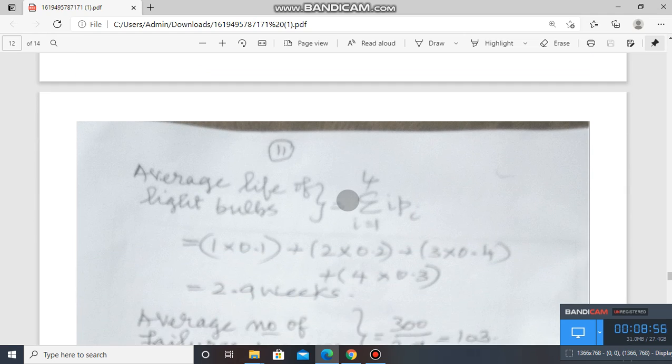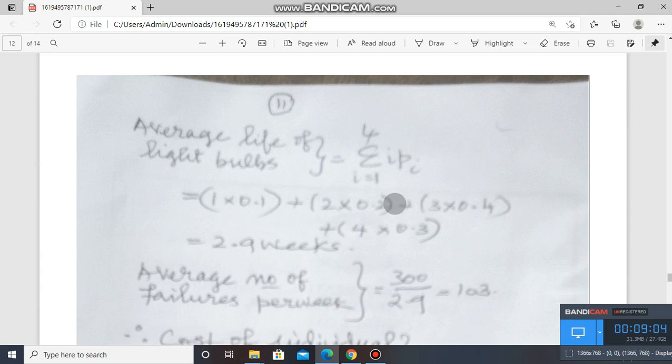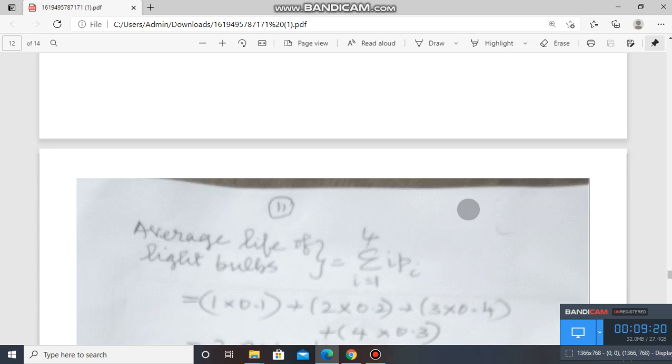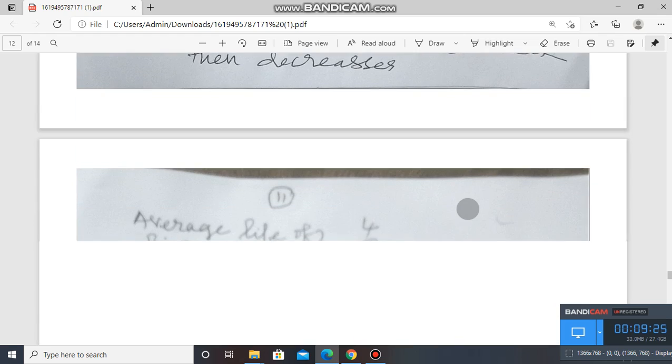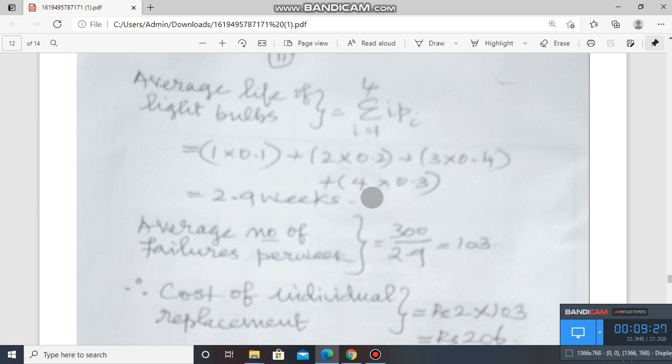Now the average life of a light bulb, we already know the formula is the summation of i into P of i. Here, first week into the probability P1, 0.1, plus second week into probability P2, 0.2, plus 3 into the corresponding probability 0.4, plus fourth week into the corresponding probability 0.3.